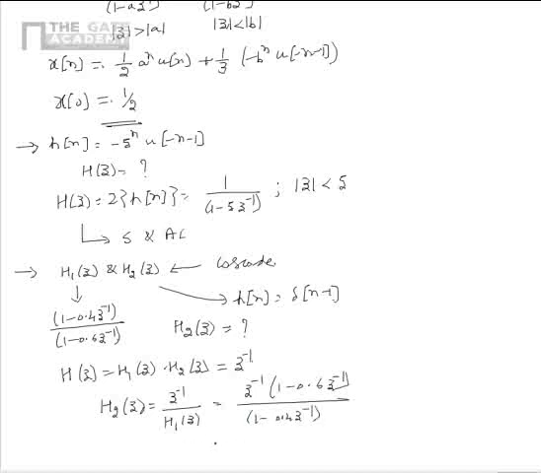So based on the given condition and given H1 of z, we see that the system function of the second system, that is H2 of z, is equal to z inverse of 1 minus 0.6 z inverse divided by 1 minus 0.4 z inverse.